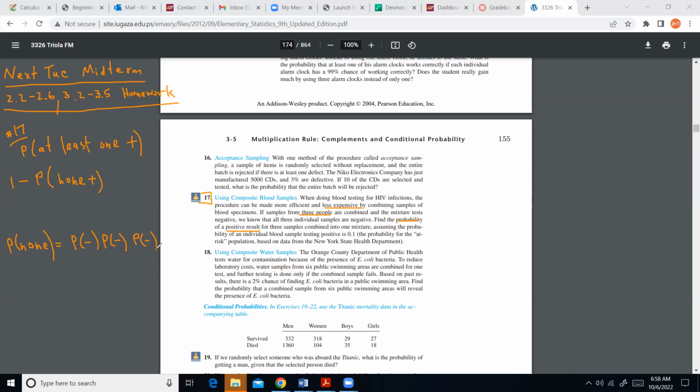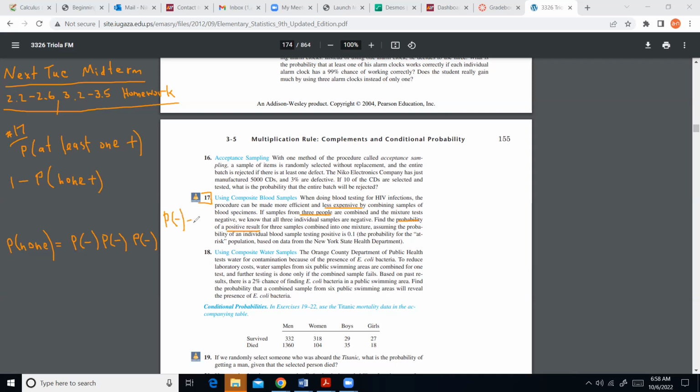So for everything to be negative, they all must be negative. Again, once you get one positive mixed with negatives, the whole thing becomes positive. So I need to know the probability of a negative test result.